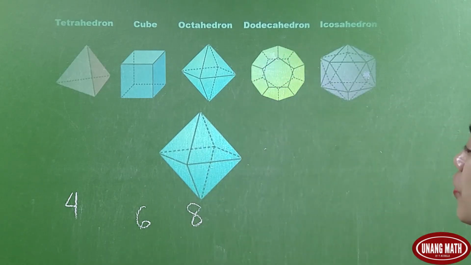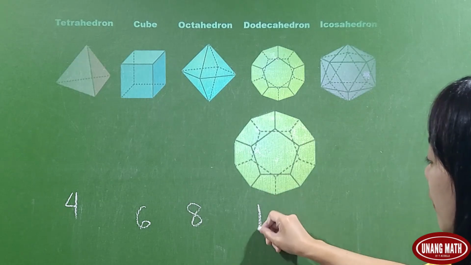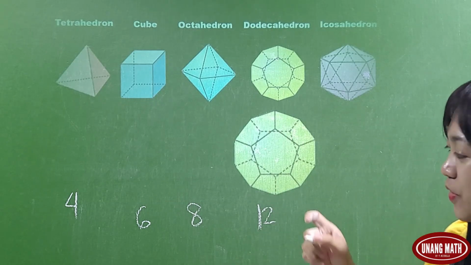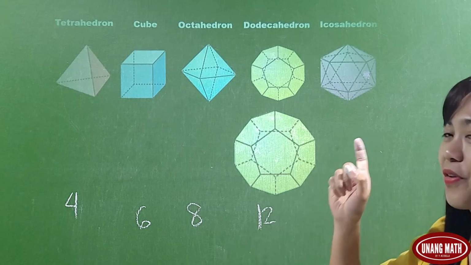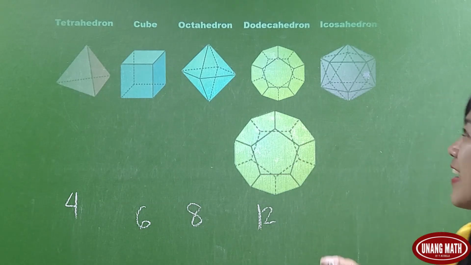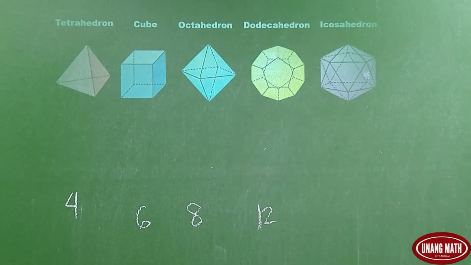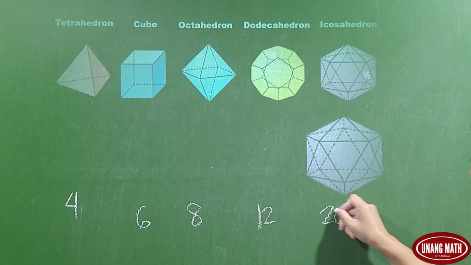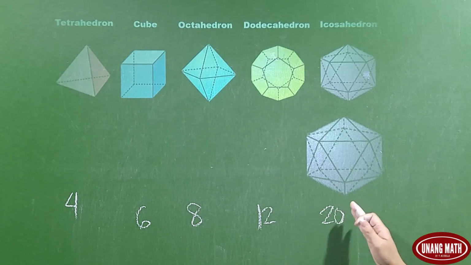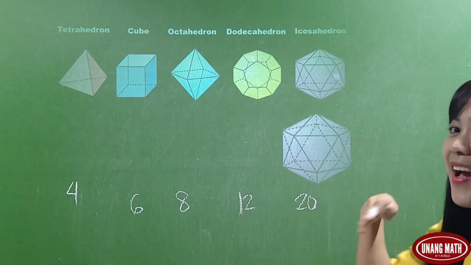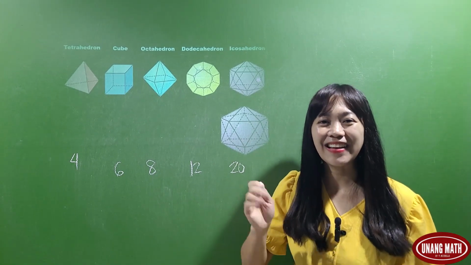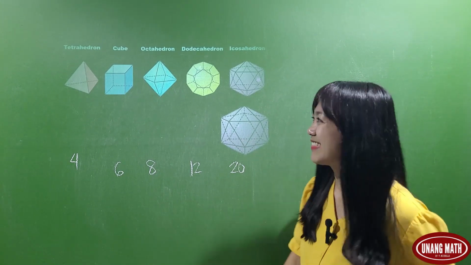For dodecahedron, we have 12 faces, specifically 12 regular pentagons. And lastly, for icosahedron, we have 20 faces, specifically 20 equilateral triangles.